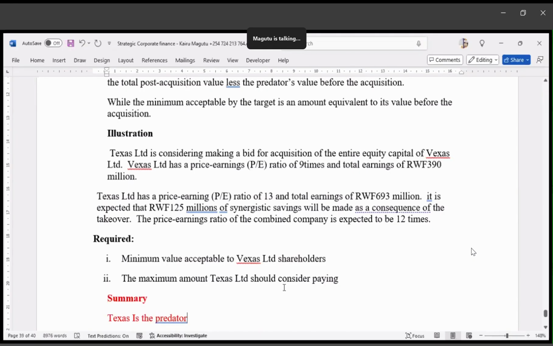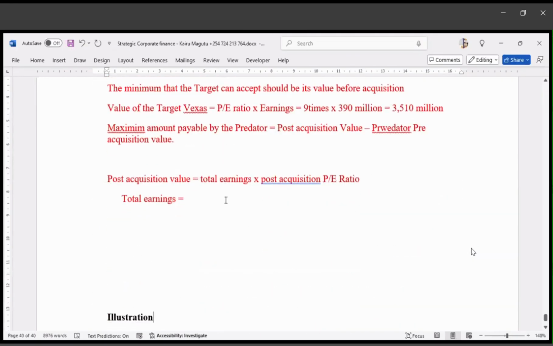So it is 390 plus 693 plus 125. How much is that?